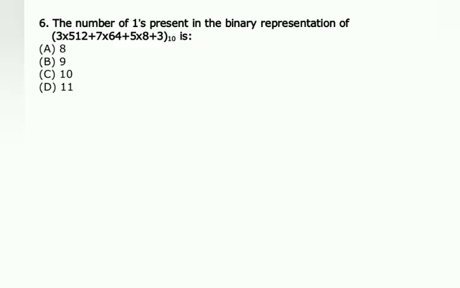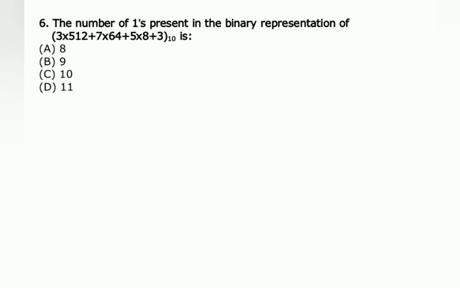The number of ones present in the binary representation of the given decimal value. We can solve the given expression by completely performing the multiplication and addition operations in the given decimal expression, or else we can solve it easily here.